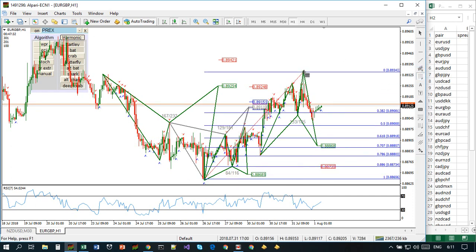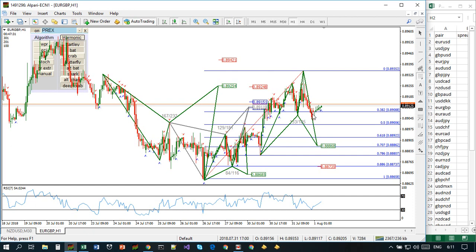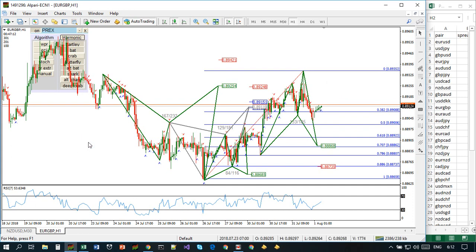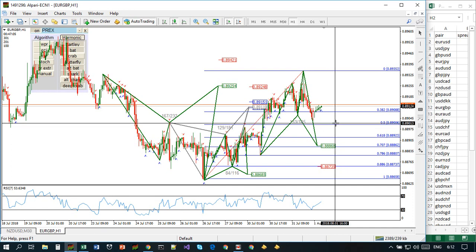Let me see if it hit the targets. The 382 level is hit, the IPO level is hit. Basically the target for the shark, the maximal target is the 50, and then we have the so-called 5-0 pattern, that is basically a buying opportunity after the shark hits the ultimate target. Nothing else. 5-0 pattern, the buying opportunity at 50.